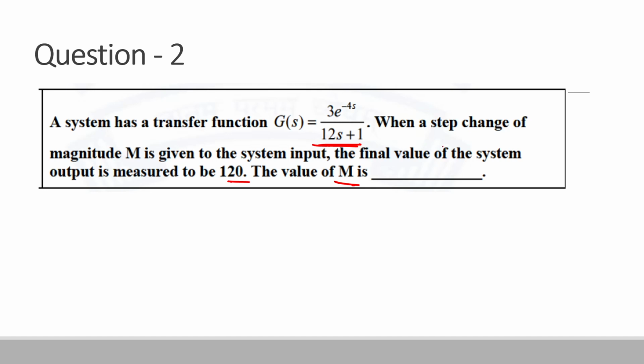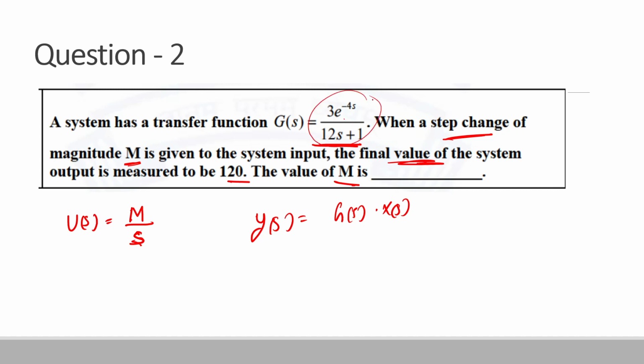So again in this equation we are providing the step change of magnitude m, that is the input u of s. We can write it as m upon s. So this we already covered, that for the step change the input will become a by s or m by s, whatever the magnitude of the change that we are providing. Then y of s is equal to g of s into x of s, and in this question we have been asked to find the final value of the system.